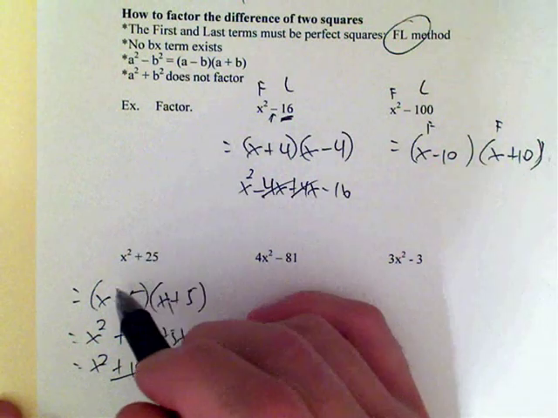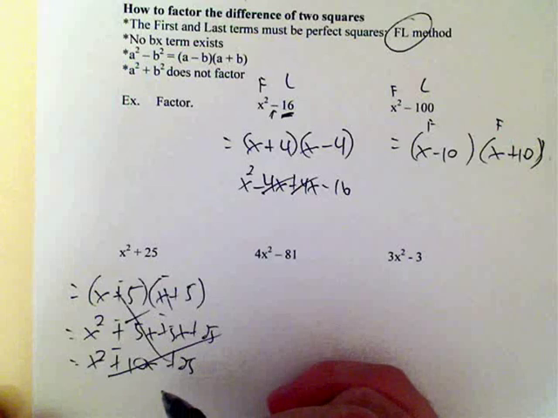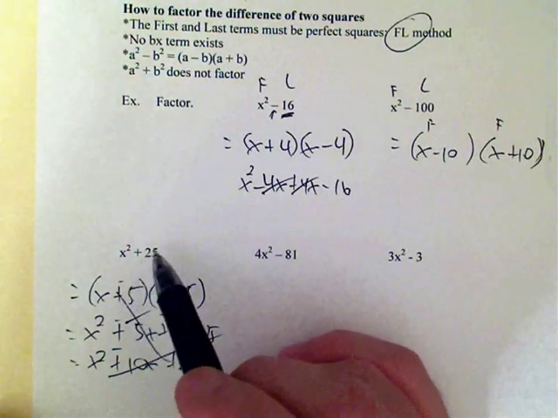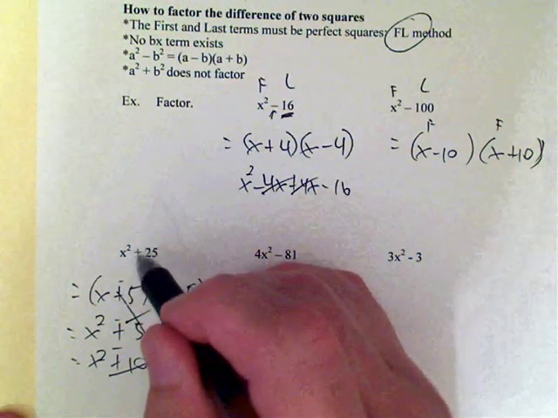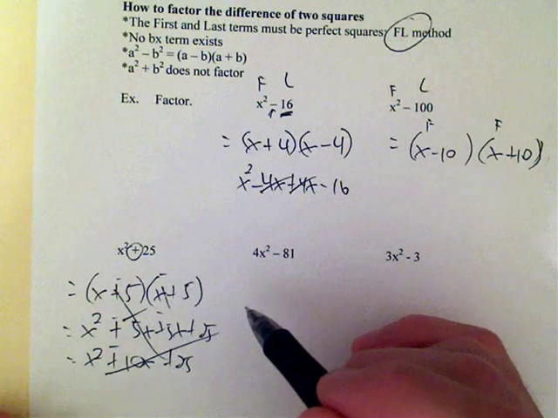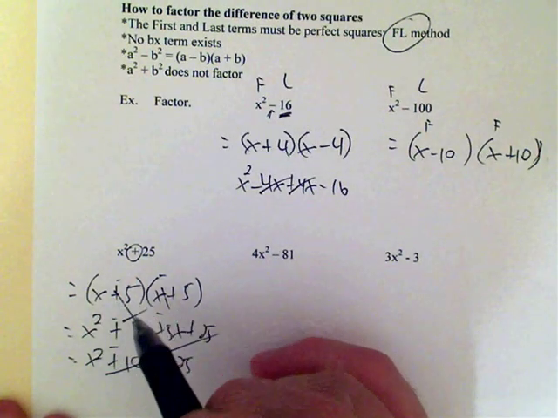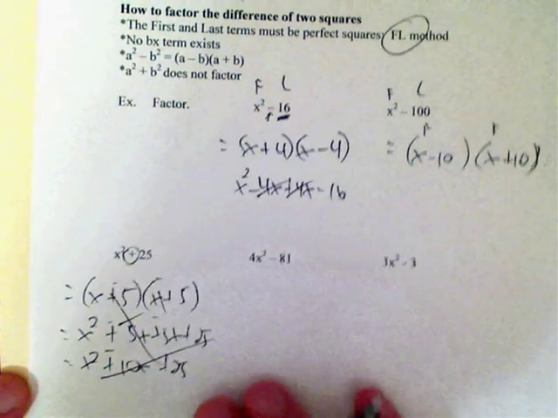But the thing is, it ends up being a negative 10x. The only way, if you have two terms and you're factoring and you're doing squares, is if this is a minus. Otherwise, it's not going to factor as a product of two binomials. Keep that in mind. Doesn't mean that it can't factor by the GCF method, because it very well could.